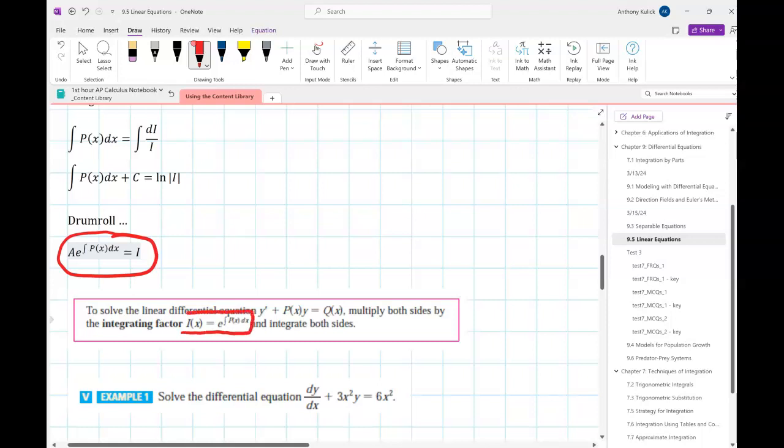So since that constant can really be anything, let's just choose it to be 1. So our integrating factor will always be e to the integral p of x dx. Done. It's a formula to find I of x every time. You don't have to walk through all that that we just did because we did it so that we'd have the formula. That's what we're looking for. Okay.